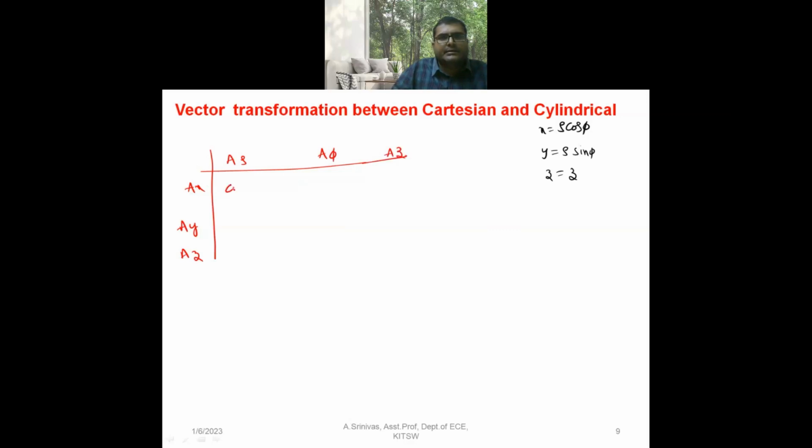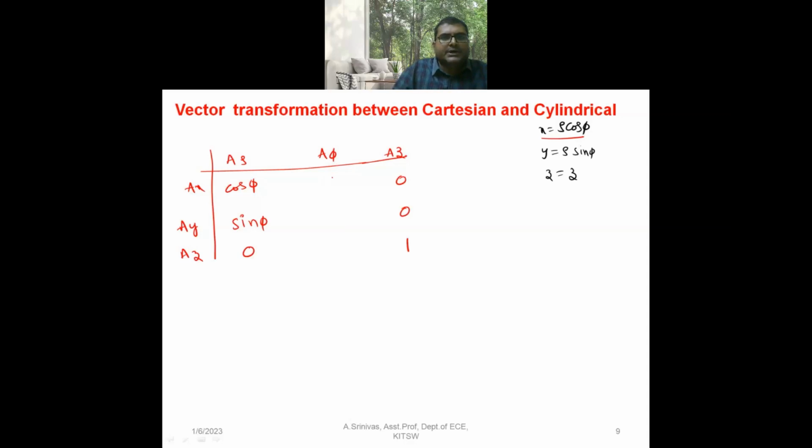The xρ relation is cos φ, the yρ relation is sin φ, and ρz relation is 0. Z with xyz is 0, 0, 1. xz no relation, yz no relation, zz is equal to 1.